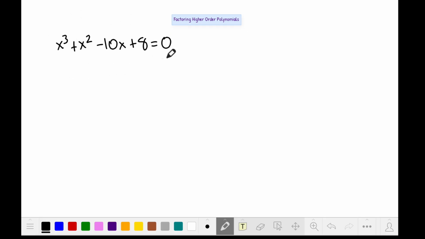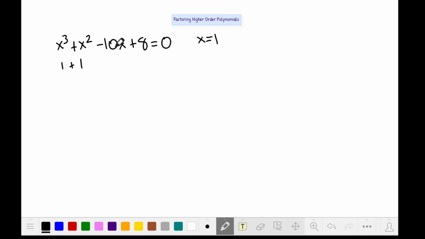There is no division. So when you're trying to guess a possible solution, I would recommend starting with really easy numbers to check. So amongst the easiest numbers to check would be x equals 1. So if we threw in x equals 1, I would have 1 times 1 times 1. So this would actually just be 1. I would have 1 times 1, which again is just 1.